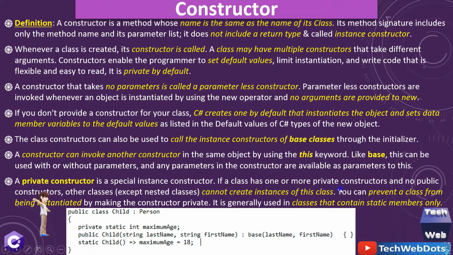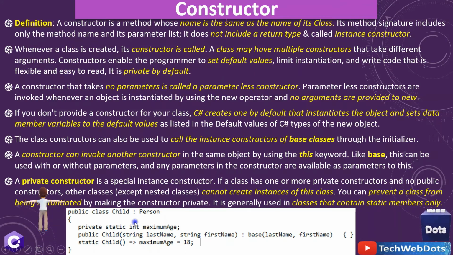If a class has one or more private constructors and no public constructor, other classes cannot create an instance of this class. You can prevent a class from being instantiated by making the constructor private. It is generally used in classes that contain static members only.